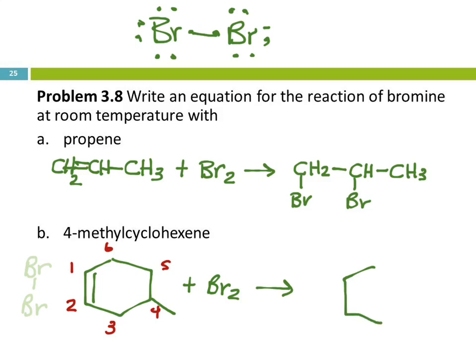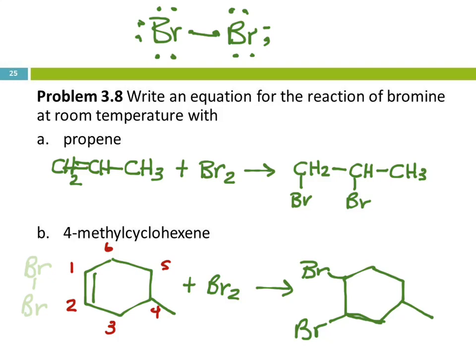So we still have cyclohex, but now it's cyclohexane. And it's got the methyl group over here, that didn't change, but now we've got a bromine here and a bromine there. That's just supposed to be a straight line. That's really a sad looking molecule.